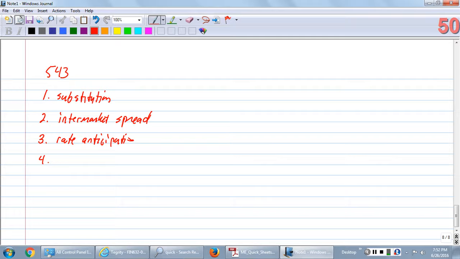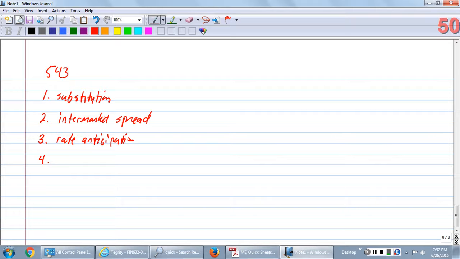Are you listening? They cannot change the maturity of their portfolio, and interest rates are expected to go up. Does that mean they're going to get hammered because the prices are going to fall? And the answer is no, not necessarily.